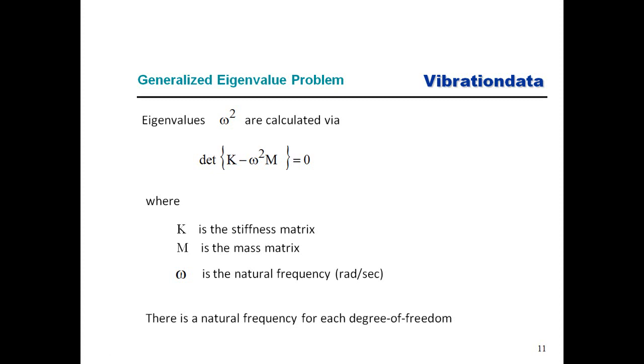Now when you first took a linear algebra class back in your university days, you probably started off with the standard eigenvalue problem. And a standard eigenvalue problem would have the mass matrix set to the identity matrix. In that case, the identity matrix has 1s all along the diagonal, and all the off-diagonal terms are equal to 0.